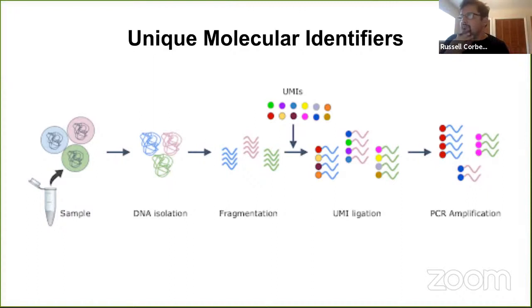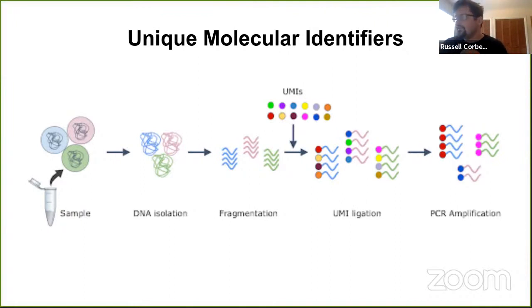But what I'm going to talk about a little bit is some new molecular biology techniques that have also enabled some pretty cool new kinds of data that are really interesting for metagenomic applications, but also for healthcare related applications as well. And what these are is something called a unique molecular identifier.